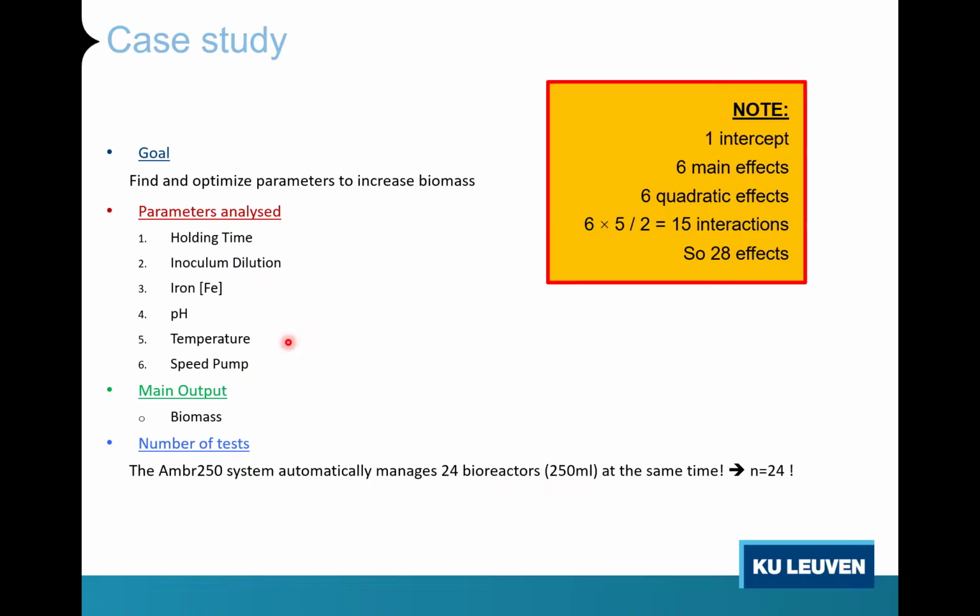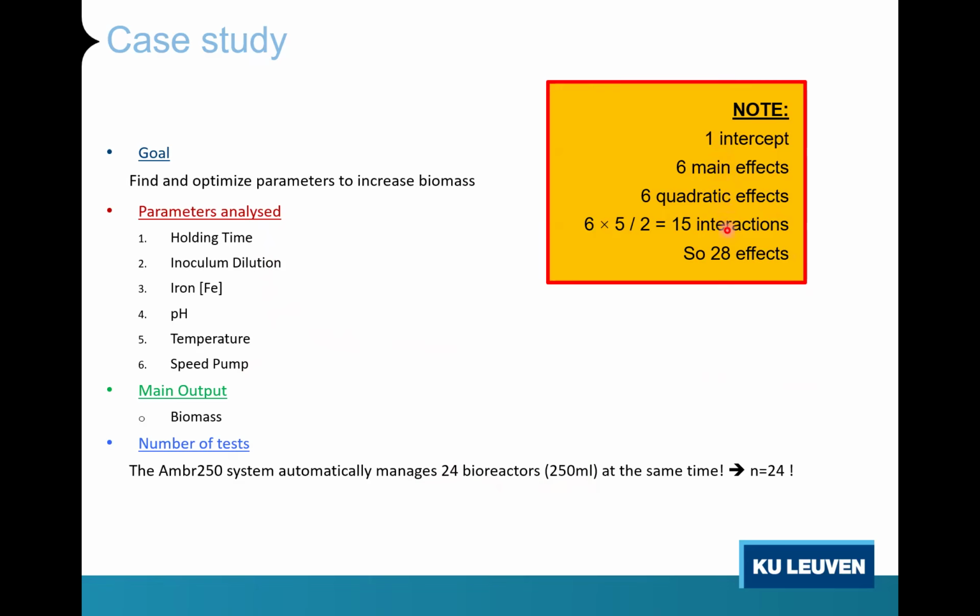So they can do 24 tests basically in parallel, very, very efficiently. So what they needed was an experimental plan for 24 tests. And they were interested in all the main effects, all the quadratic effects, and all the interaction effects.